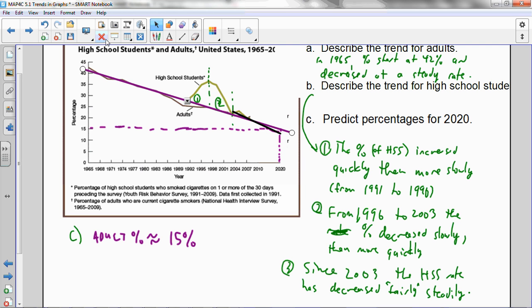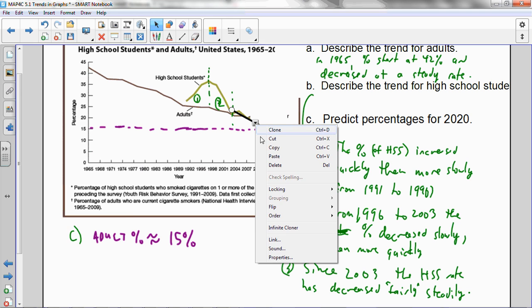Hopefully you haven't messed up your graph too much. Does that look like the trend? Yeah, not bad. It looks like at some point in the next few years, might be even steeper than that, the percent of high school students is going to get lower than the adults again. And then maybe in 2020, it'll be a lower amount.